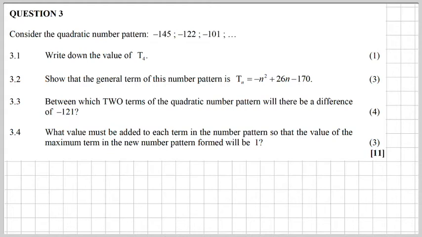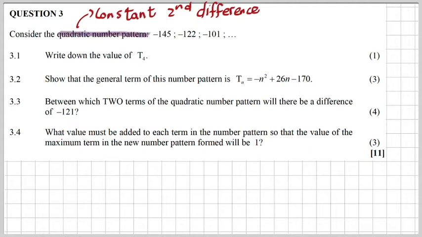Question 3 states, consider the quadratic pattern. Very, very important, quadratic pattern. That means there must be a constant second difference that's not equal to 0.